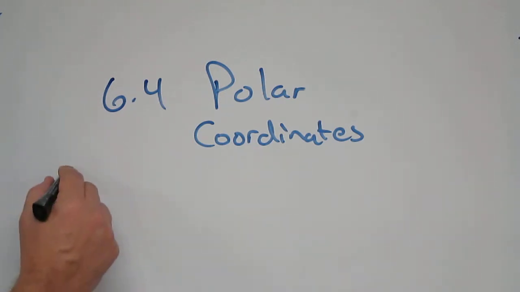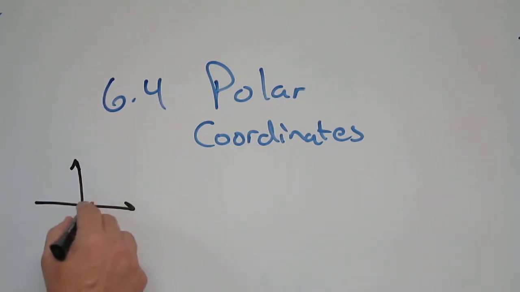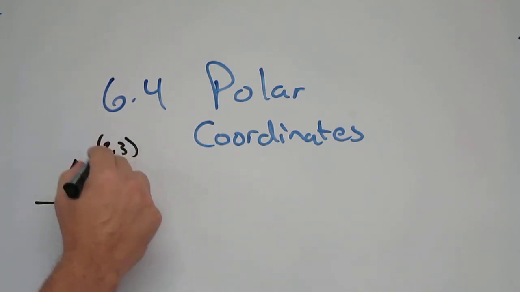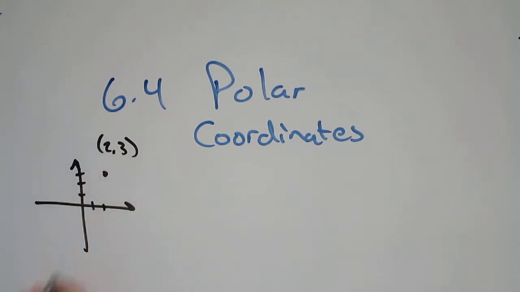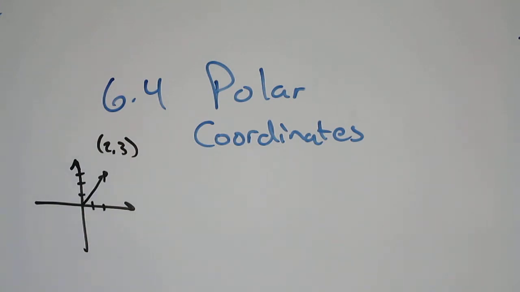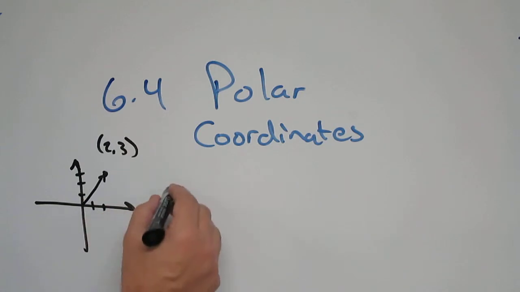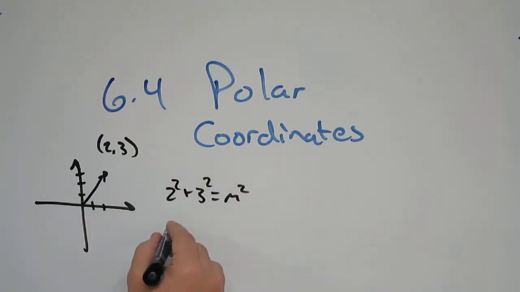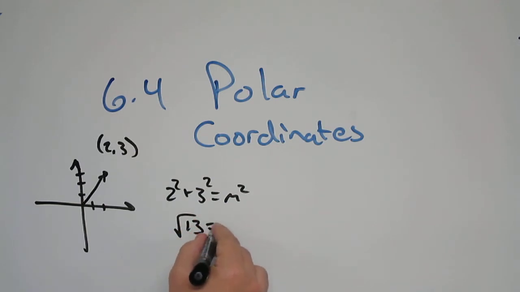But just as a reminder, if I had something in rectangular, say the point 2, 3, it's over 2 and up 3, and that's where the point is. In polar, I want to have a direction and a magnitude. So I would use the Pythagorean theorem to figure out the magnitude, and that's going to end up being the square root of 13.